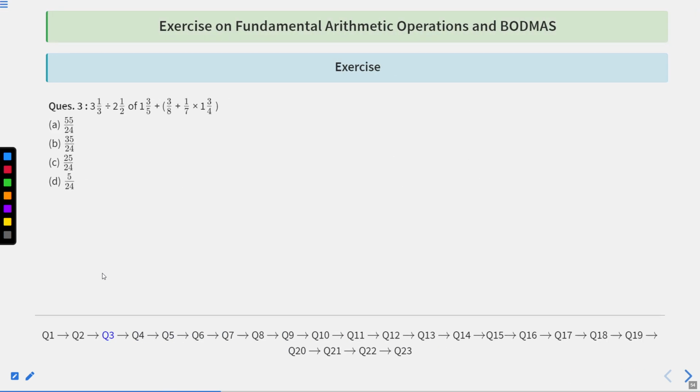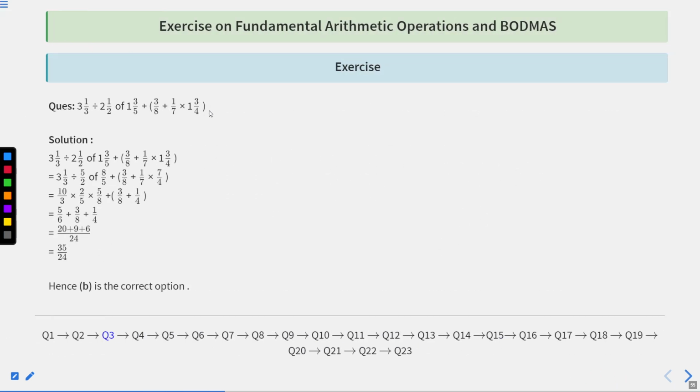Moving ahead to question number 3. 3 of 1 thirds divided by 2 of 1 half of 1 of 3 fives plus 3 upon 8 plus 1 upon 7 into 1 of 3 fourths. So what is the value of this expression?